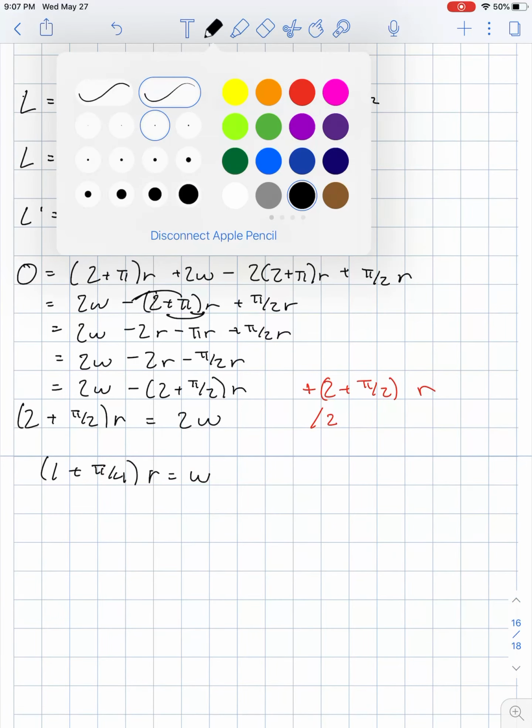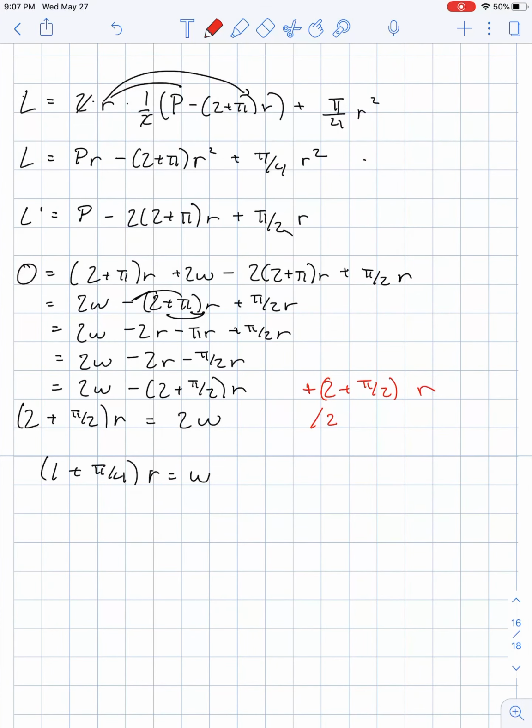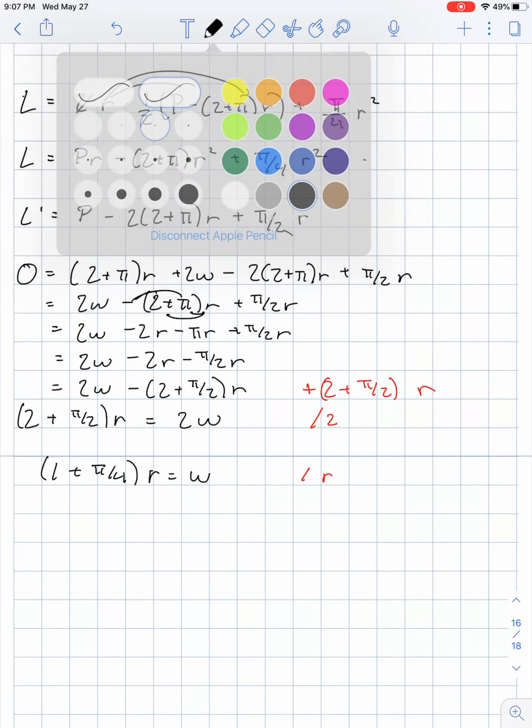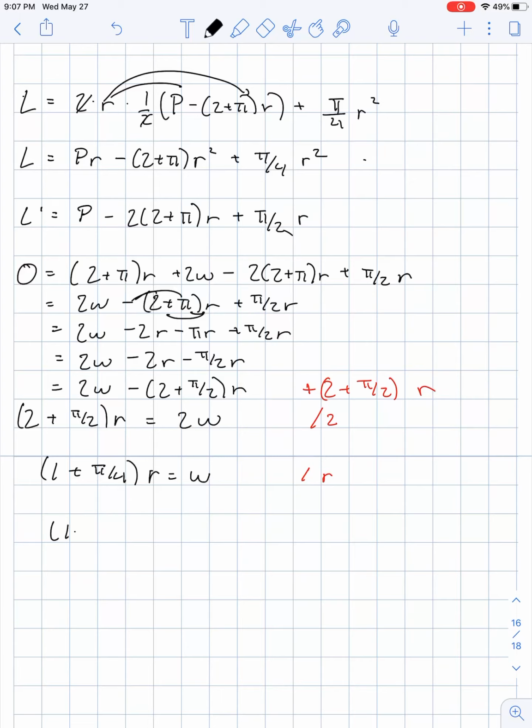So now I'm going to divide by R. So I get 1 plus pi over 4 equals W divided by R.